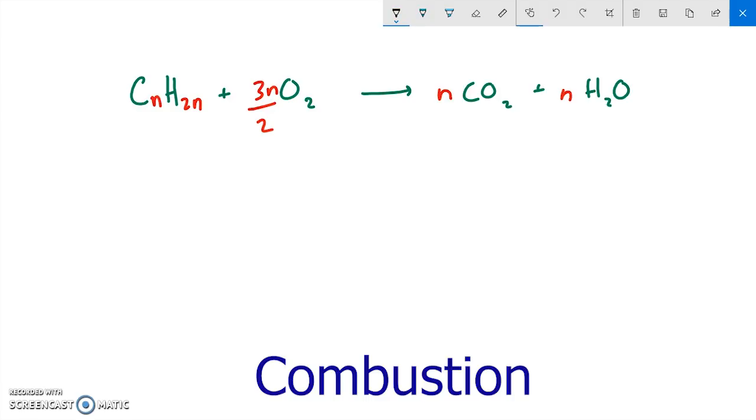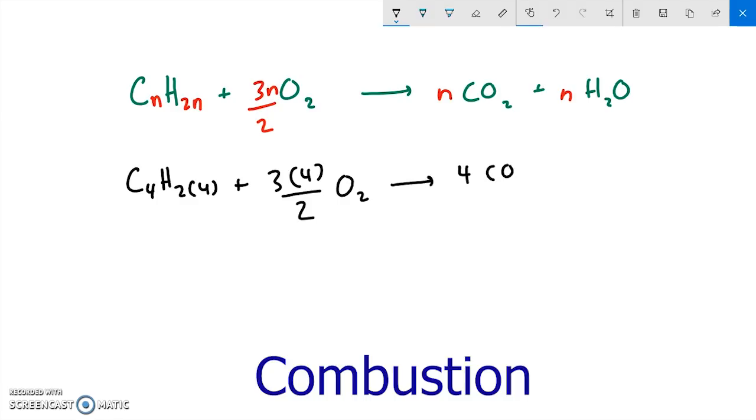For instance, if we are using butene, the n is 4, the formula will be looking like this: C4H2 times 4 plus 3 times 4 over 2 oxygen resulted into 4 CO2 plus 4 H2O.